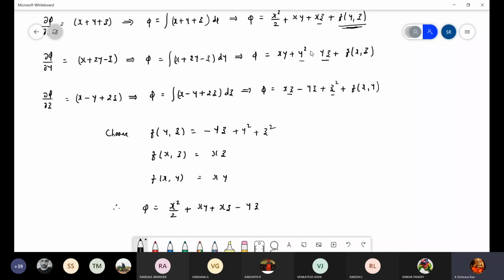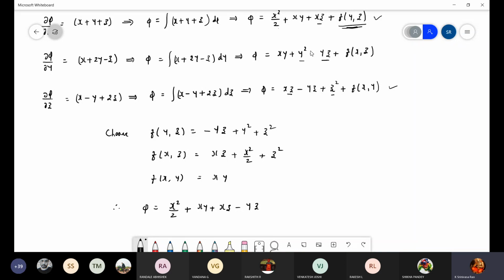Similarly, now tell me what is f of x comma z, in the first equation and in the third equation. See, in the first equation x square by 2 is there, so here you should choose x square by 2, plus here you should choose z square.